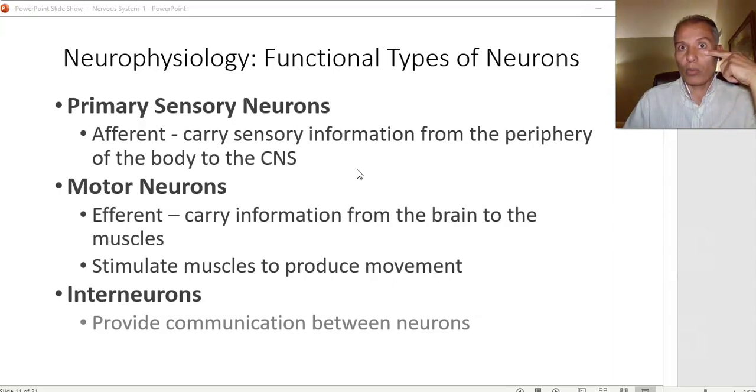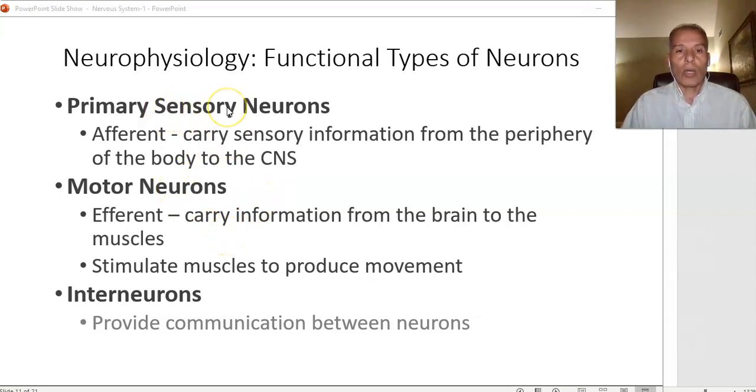Your vision: when you look, there are neurons that will take images and enable you to see without necessarily requiring movement. Of course, in vision there are movements, motor neurons that enable you to move your eyes up and down and sideways and so on. But there are also sensory neurons that enable you to channel images and to see things.